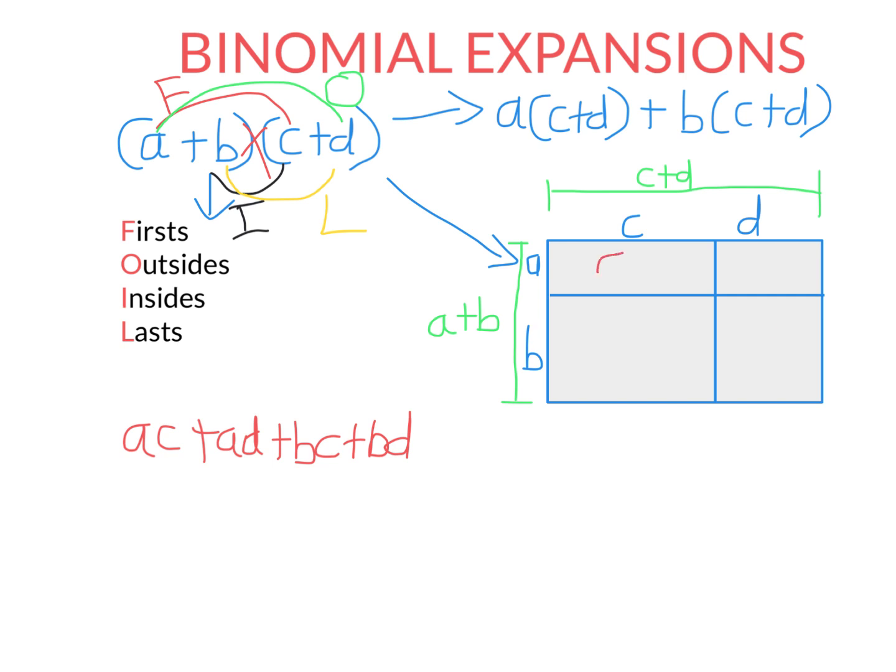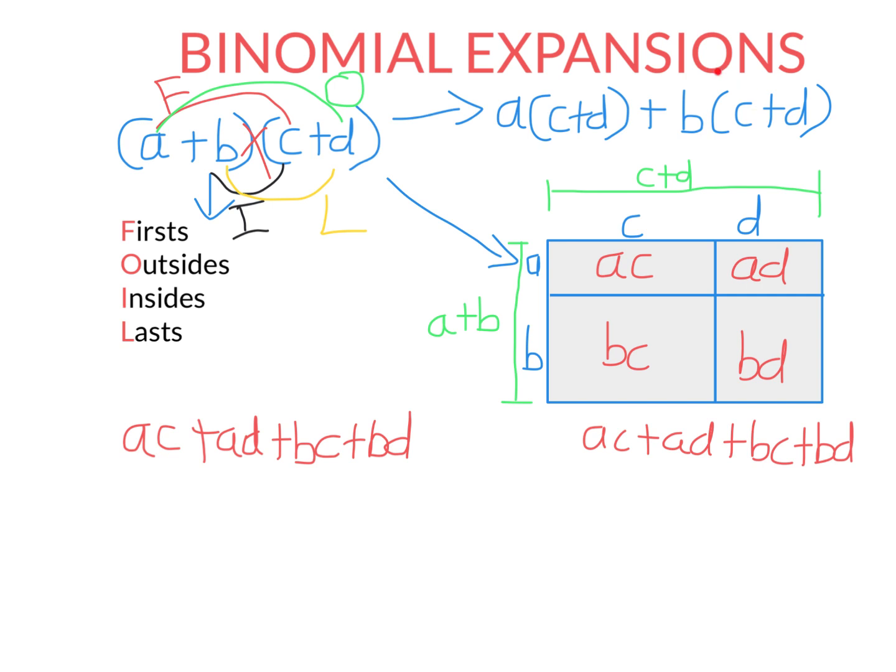So this rectangle is A times C, this one is A times D, B times C, and B times D. So now all I have to do is add them all up, and you can see that when I use the rectangles, I get the exact same answer as when I used FOIL.